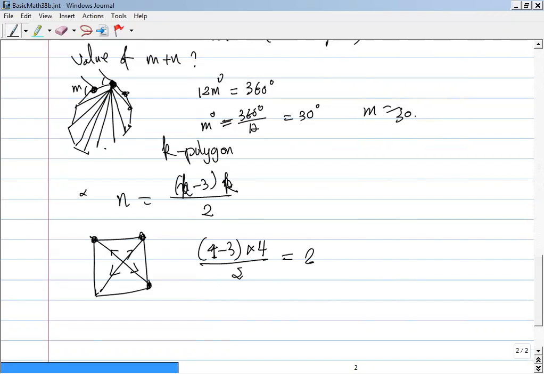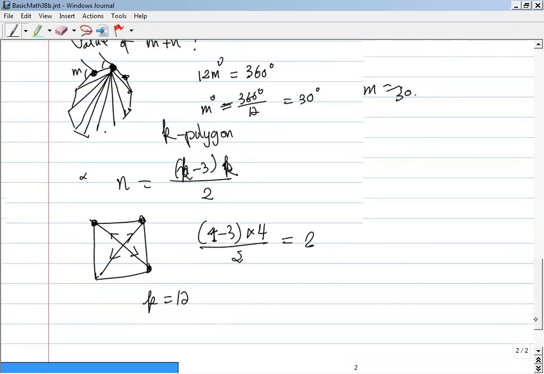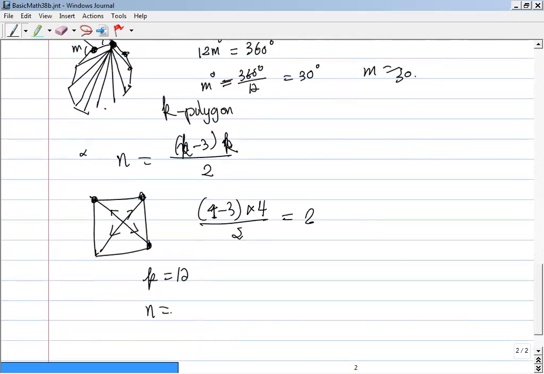For the n-gon, when n equals 12, a 12-gon, there are 12 sides. So the number of diagonals will be 12 minus 3, times 12, divided by 2. Let's simplify it.